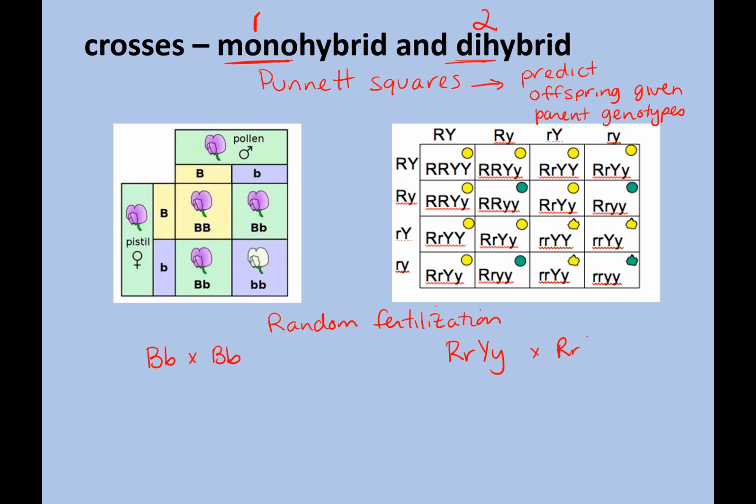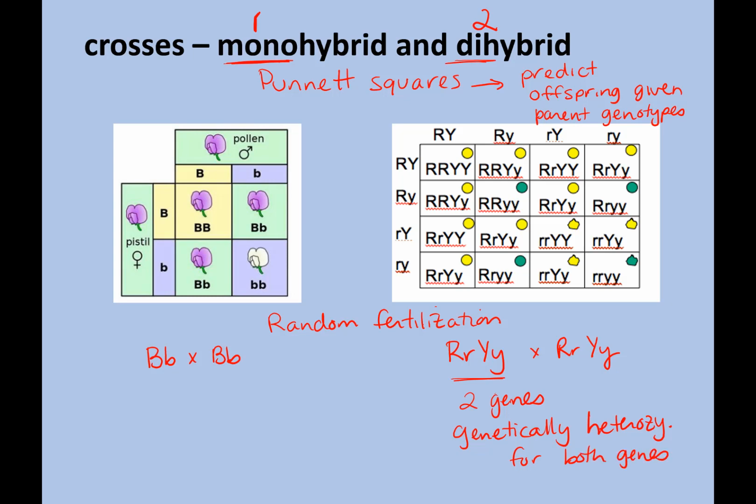So if I say it's a dihybrid cross, it means we have 2 genes and they're genetically heterozygous for both genes.